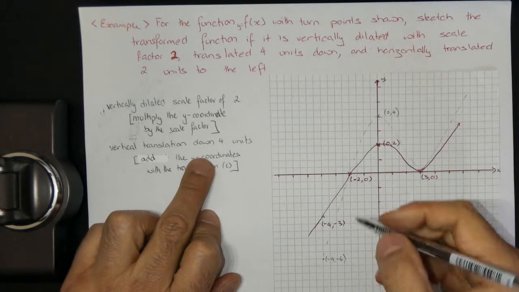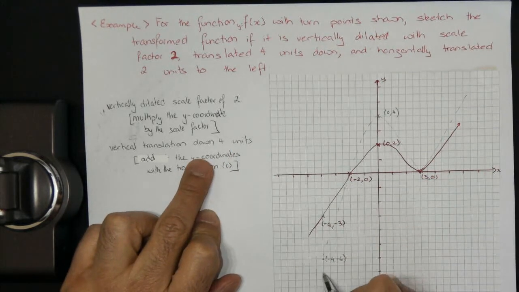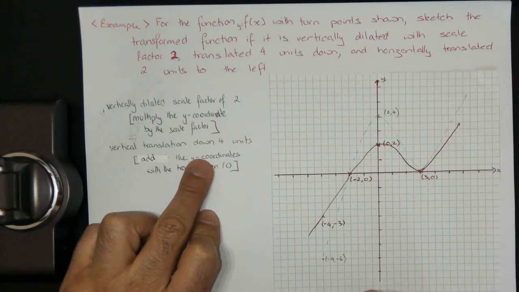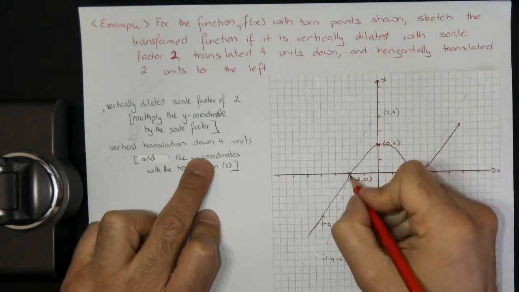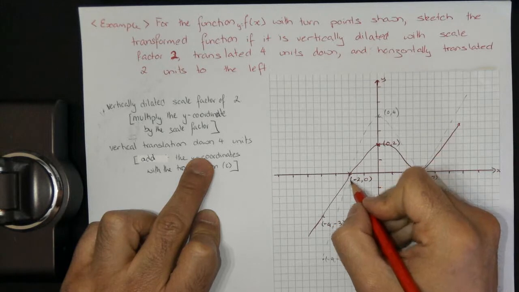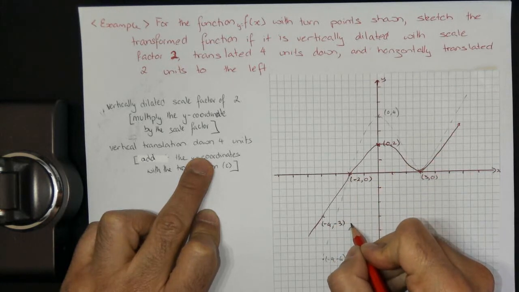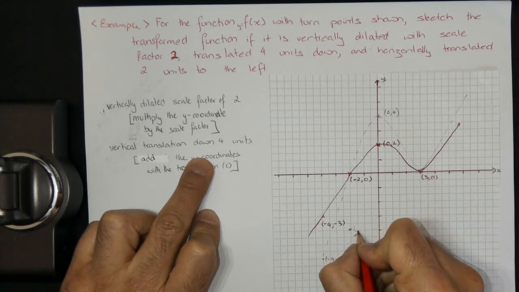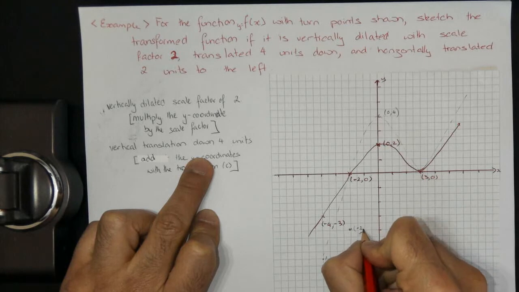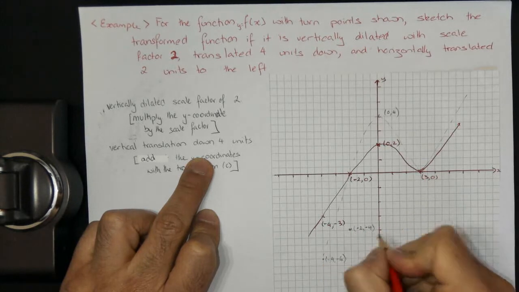So we're going to go down 4 units, and that becomes 1, 2, 3, 4. So that's going to be (-4, -10). This is going to go down 4. So here we're going to go down 4 units. So we now have (-2, -4).